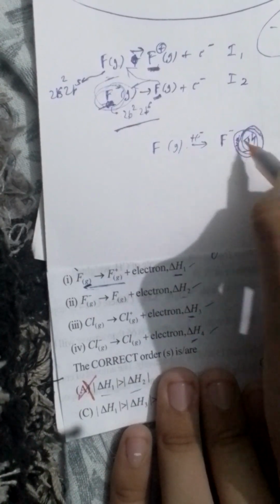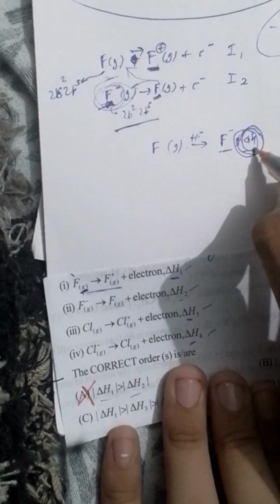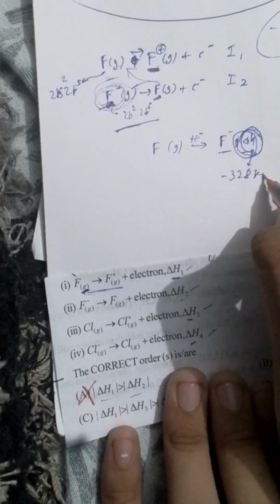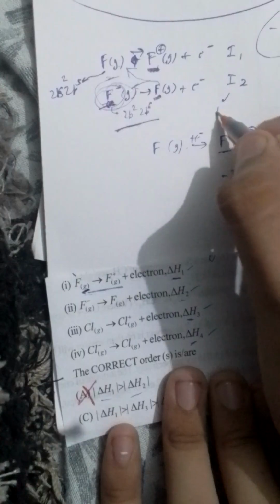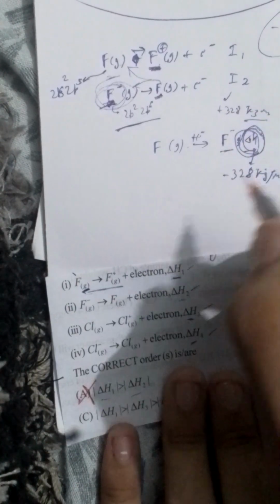This means that the stability of the product formed is very high. It comes to be minus 328 kilojoule per mole. So I2 would be plus 328 kilojoule per mole. It means that we are going from stable to unstable.